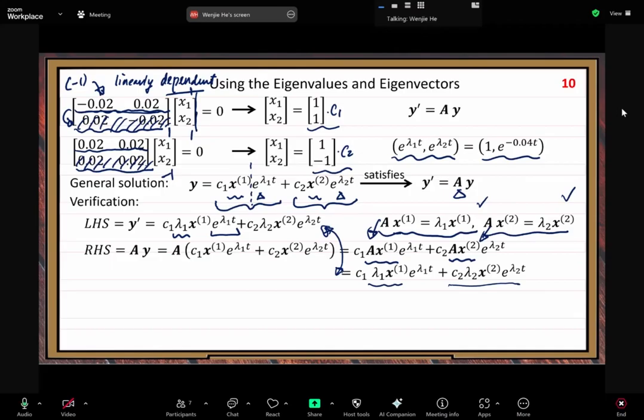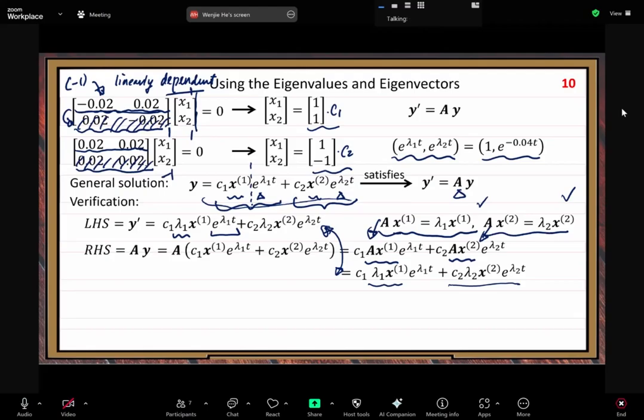So it tells us any solution in this form satisfies the original equation. But that's the homogeneous case. When you solve a homogeneous linear system of ODE, you use this way.